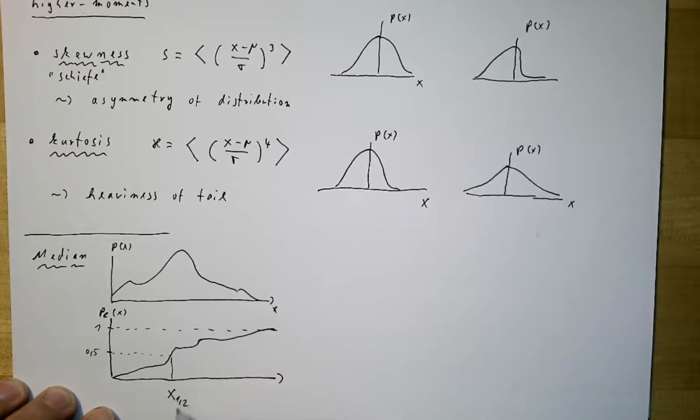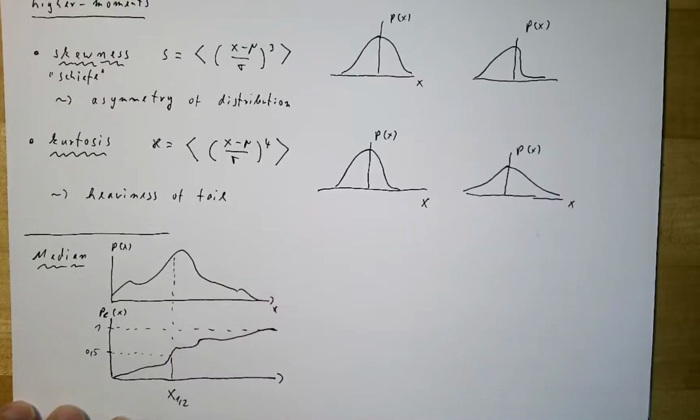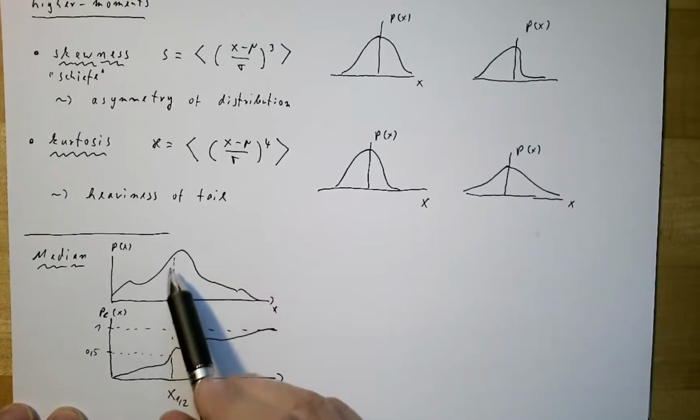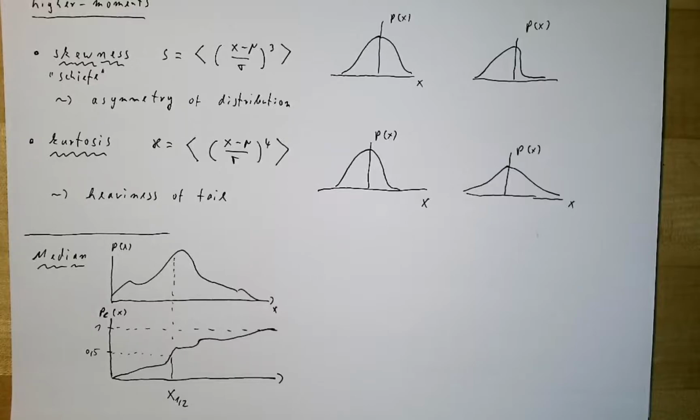It's often called x1/2. So that would be the median of the distribution. Sometimes this is a more robust quantifier of the typical value in the distribution than the mean value.